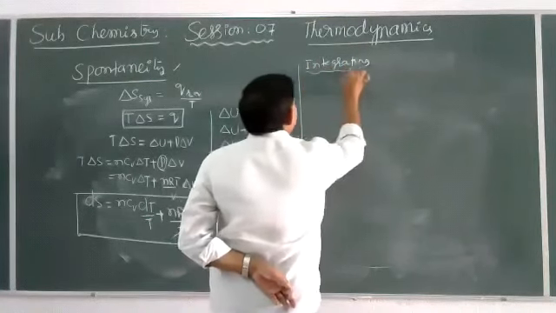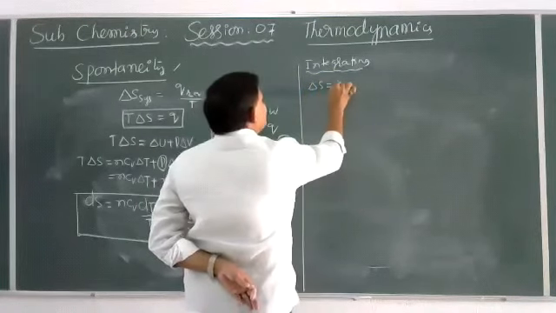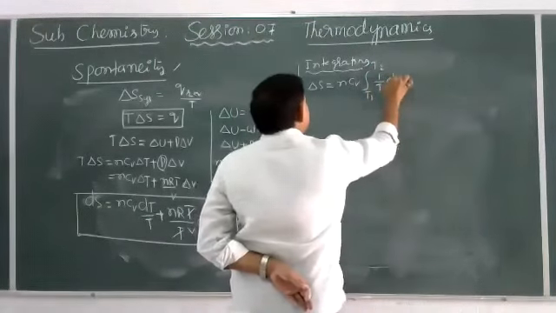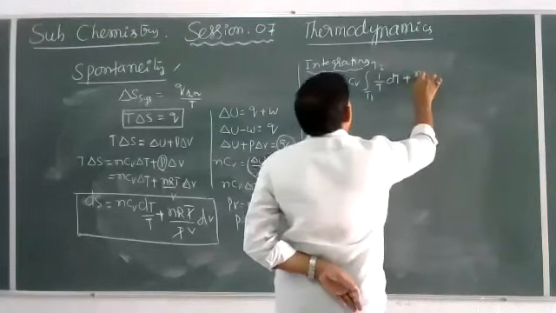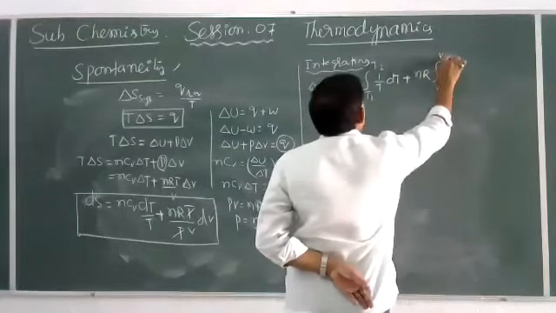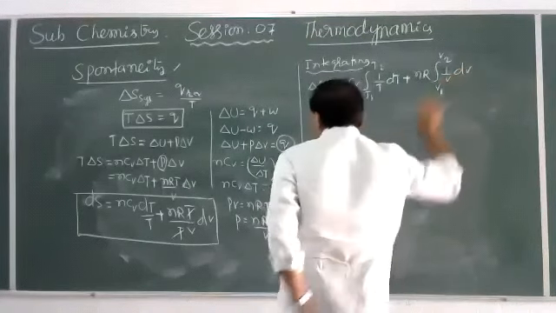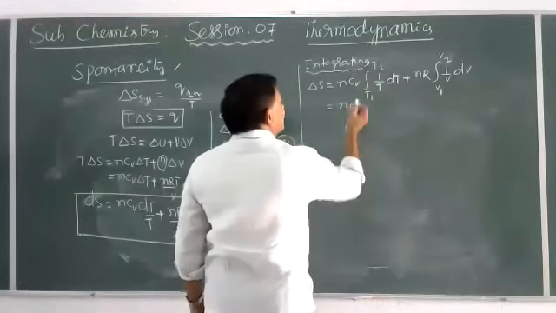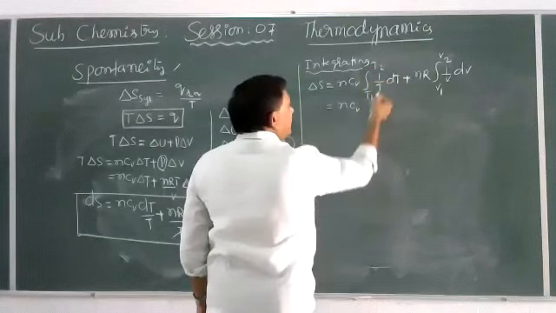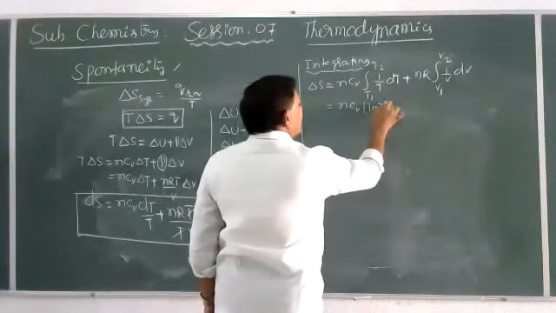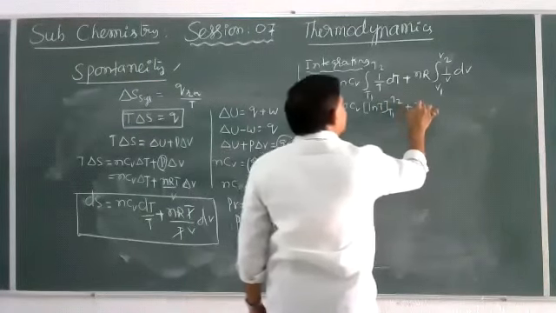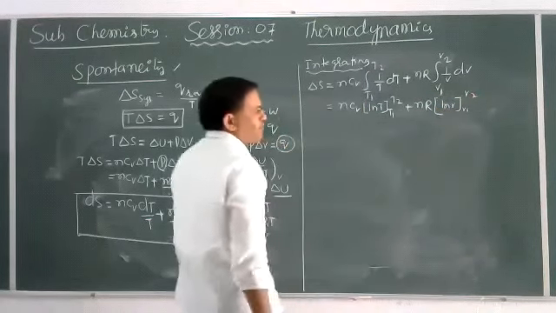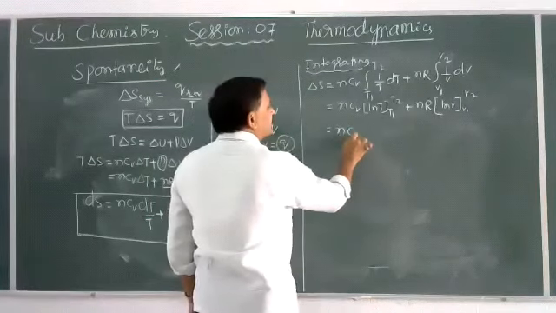Our delta S is equal to nCV, which is common, integral T1 to T2 of 1 by T dT, plus nR integral V1 to V2 of 1 by V dV. Now integral of 1 by x dx is equal to ln x, that is nCV ln T from T1 to T2 plus nR ln V from V1 to V2.